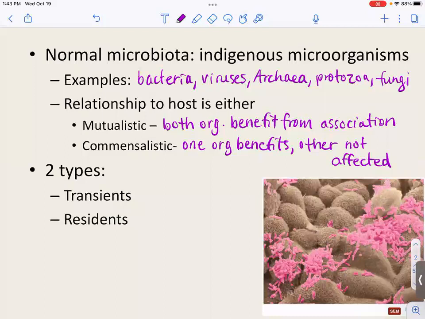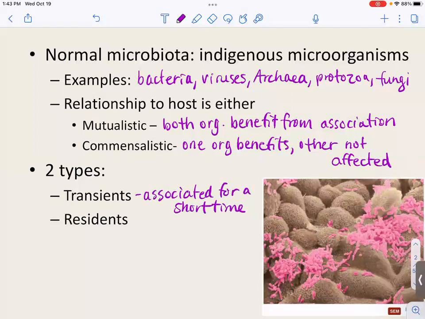A lot of our microbiome could be considered transients, meaning it's associated with us for a time. We'll say a short time. You could potentially have whooping cough bacteria associated with your upper respiratory tract.